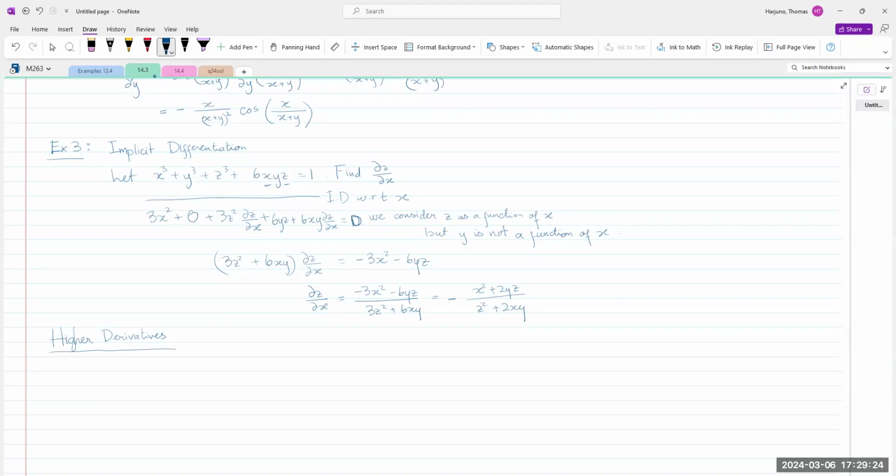Notation: f sub xx, that's easy. That's actually the second derivative of the function with respect to x, right? Denoted as ∂²f over ∂x².